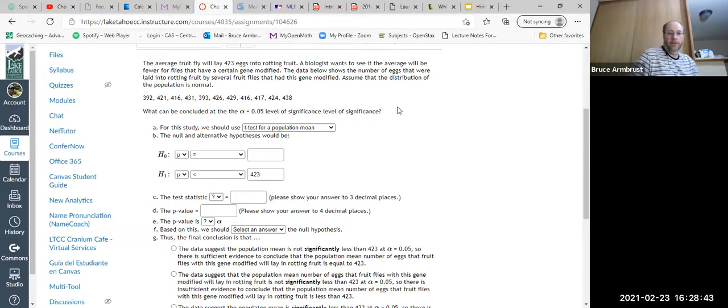For both of these, we want those to be 423. So the null hypothesis would be that the mean does equal 423, and the alternative hypothesis would be that actually, no, the mean is less than 423.